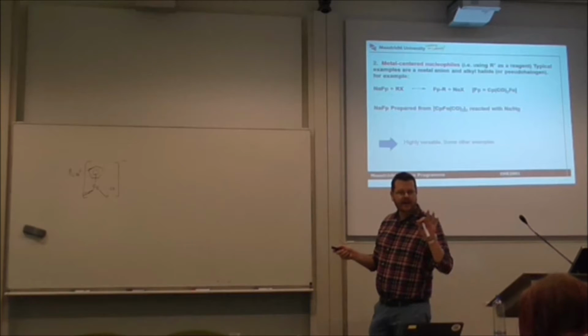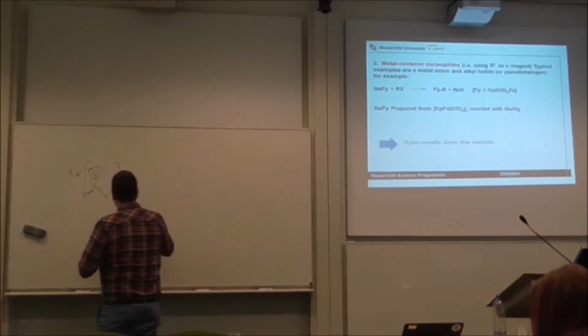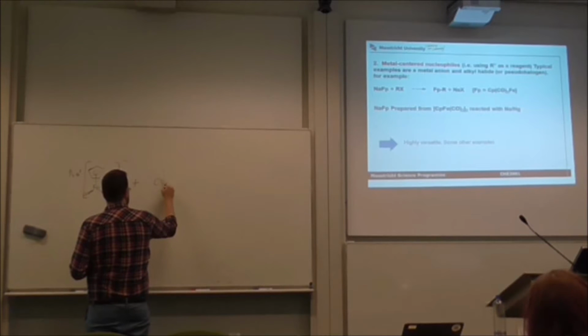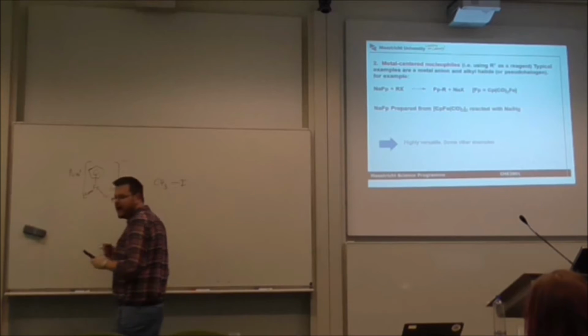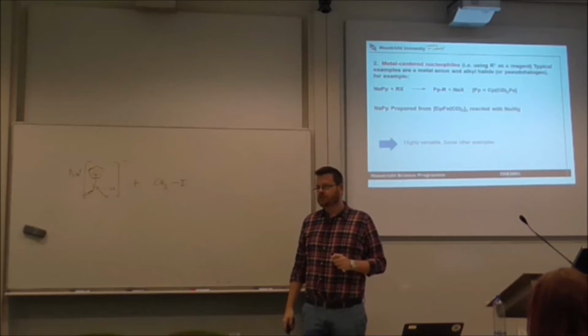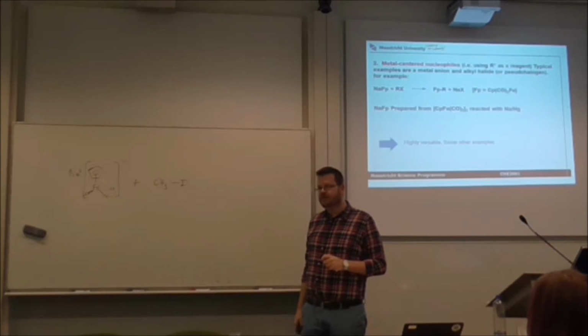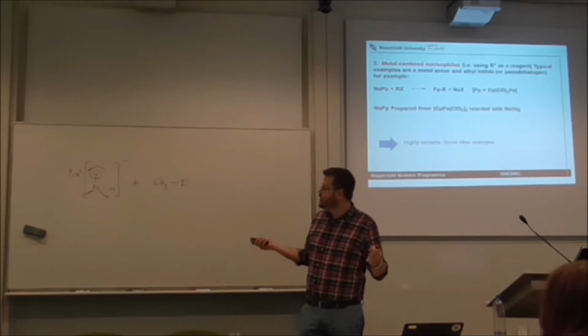Now what's going to happen? Think about it in terms of principles, nucleophiles and electrophiles. If I react this, for example, with methyl iodide, what's going to happen? Well, the slightly positive methyl is going to react with the FP. Yes. And the sodium with the iodine. Correct. So it's a nucleophilic attack on an electrophile.